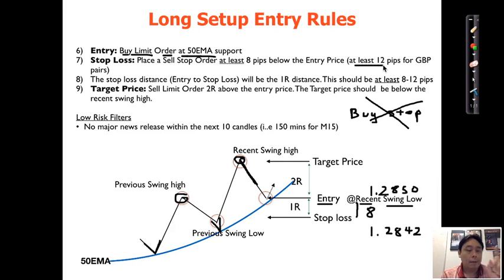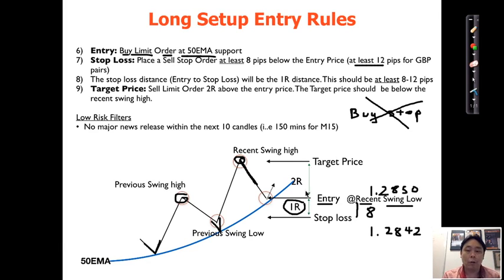Okay. Next, the stop loss distance is the distance from your entry price to your stop loss price, which is from 1.2850 to 1.2842. That distance is known as the 1R distance as usual, right? That's our total risk per trade for this particular trade, okay?